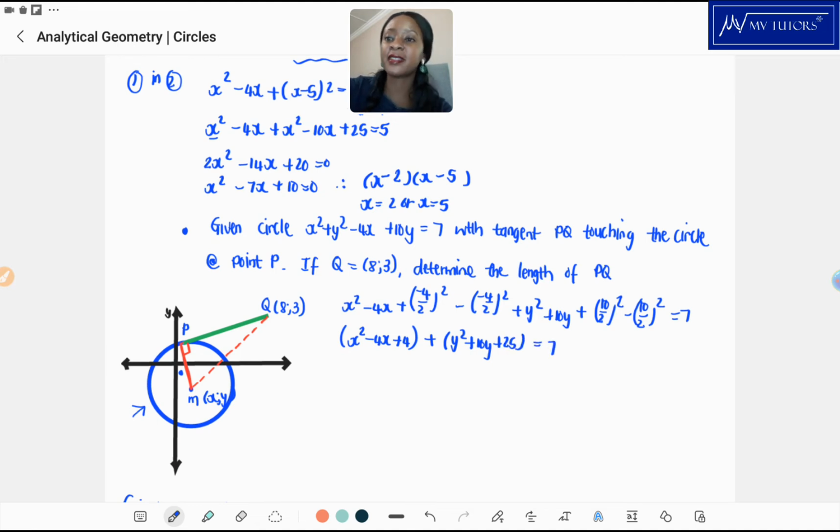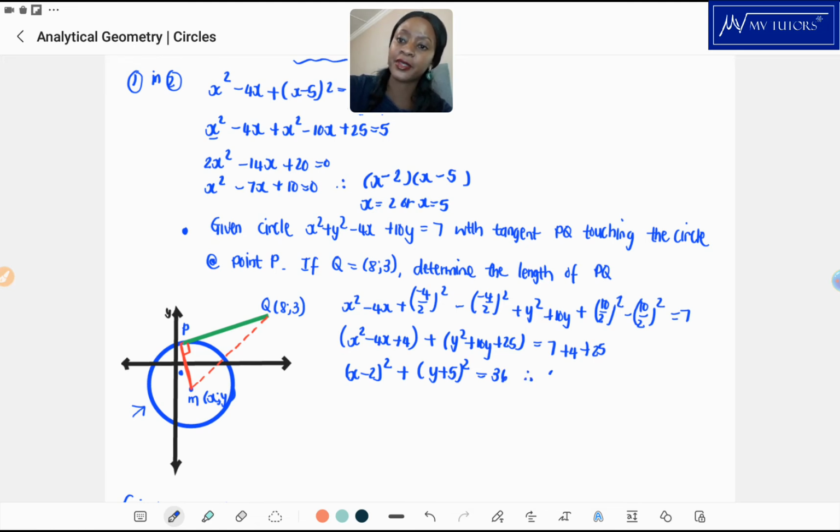Here we have 7, and we're going to add 4 and add 25. So x minus 2 squared plus y plus 5 squared equals 7 plus 4 is 11, 11 plus 25 is 36.